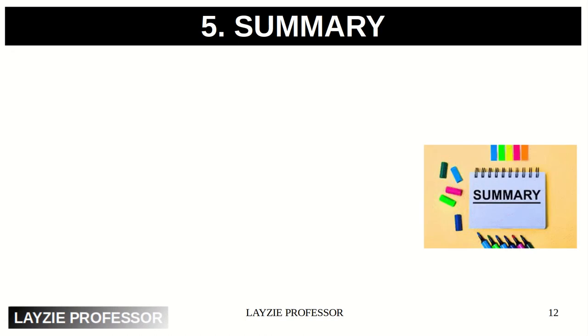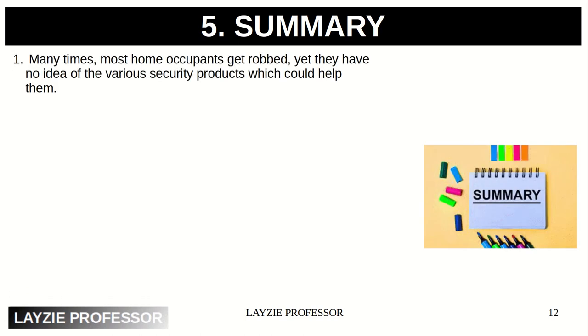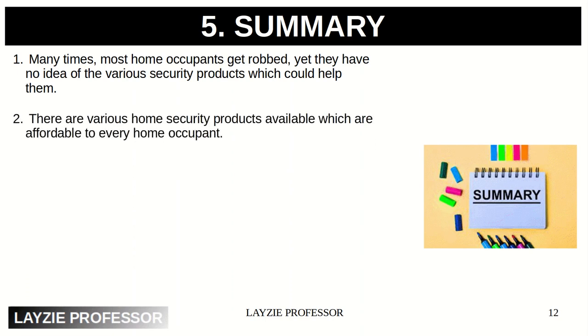So in summary, many times most occupants get robbed day after day, week after week, month after month, year after year, and yet they have no idea of the various security products which could actually help them and how cheap some of these products may be. There are various home security products available which are affordable to every home occupant depending on your budget.